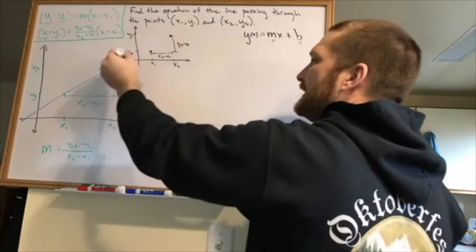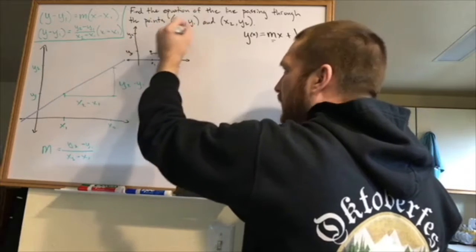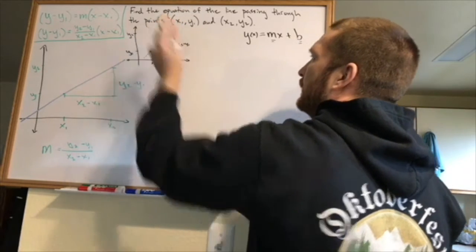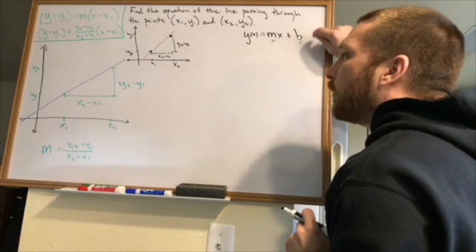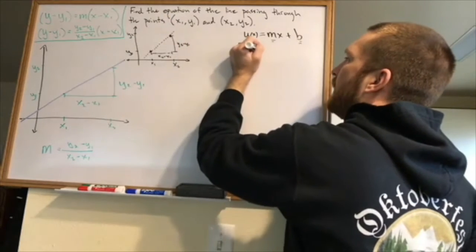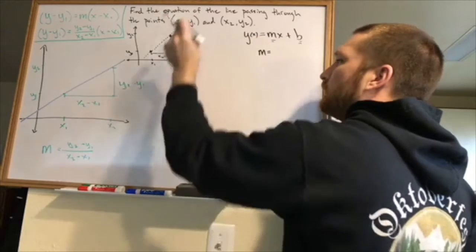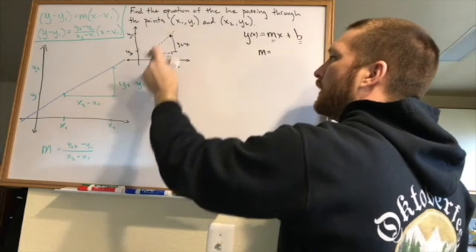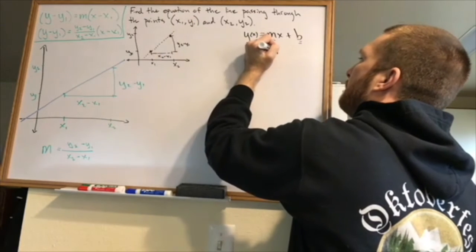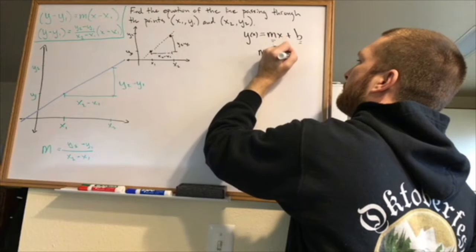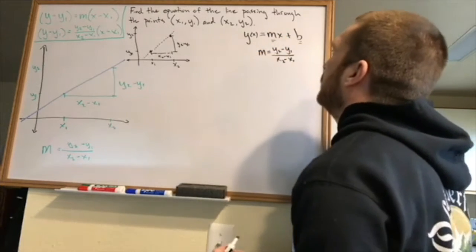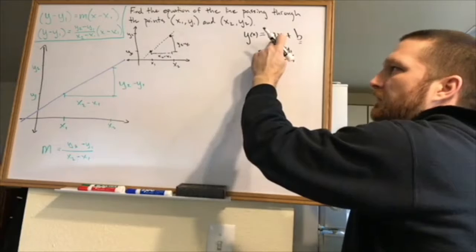Okay, so this right here tells me that the slope of this line that's going to be passing through here, this line that I want, I know that m must equal the rise over the run: y2 minus y1 over x2 minus x1. Okay, so we got one bit of information.